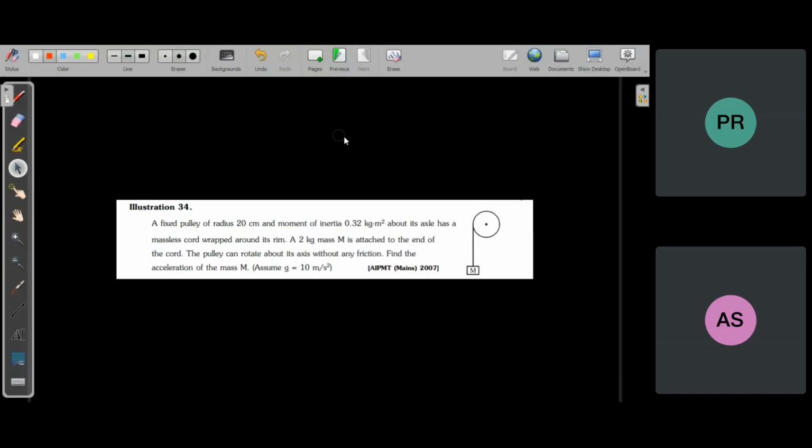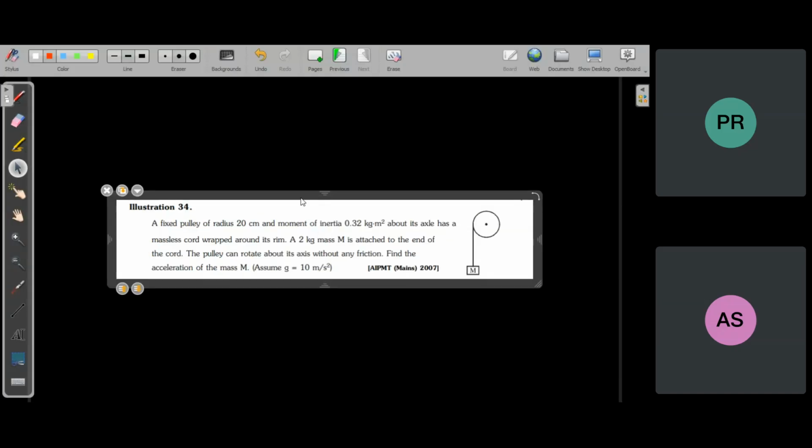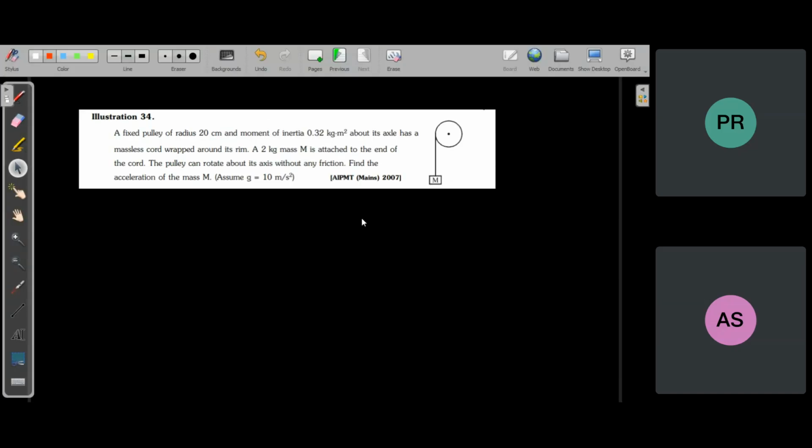Okay, so you can try this one. It is easy. Just tell me the equation, we'll go to the next one.